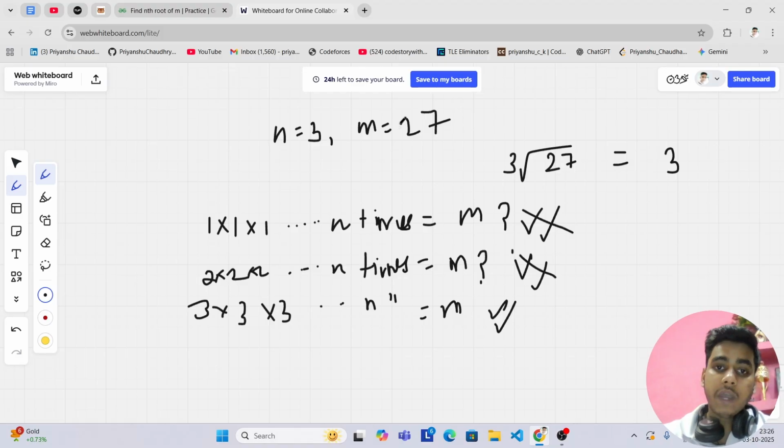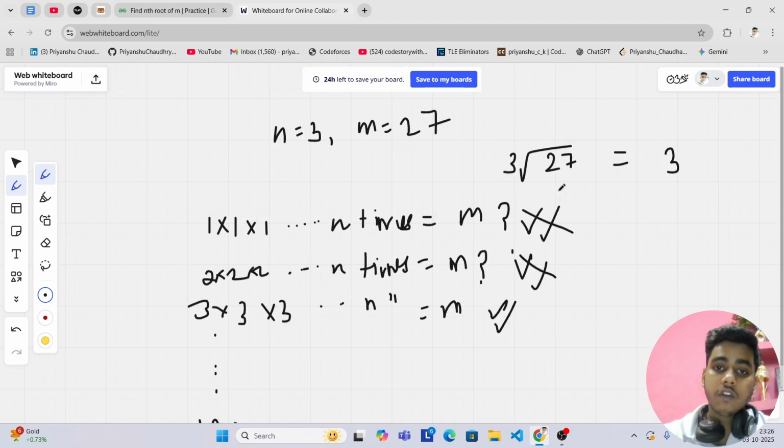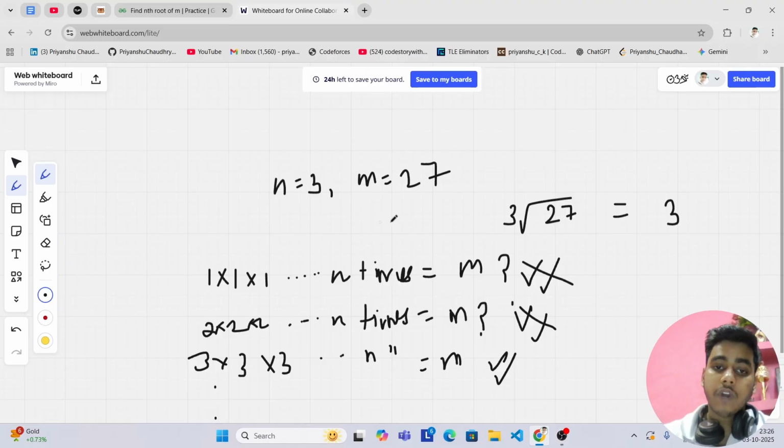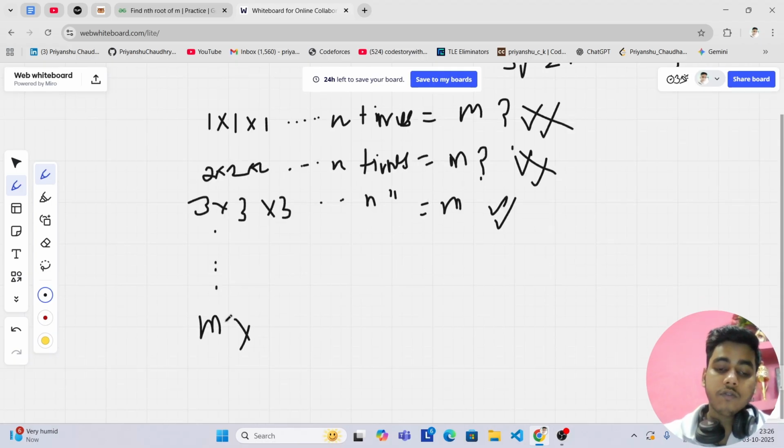Starting from 1, till where should we keep multiplying? At max we should keep going up to m, because we have to find the answer. In the worst case, n can be 1, so the answer will not exceed m.